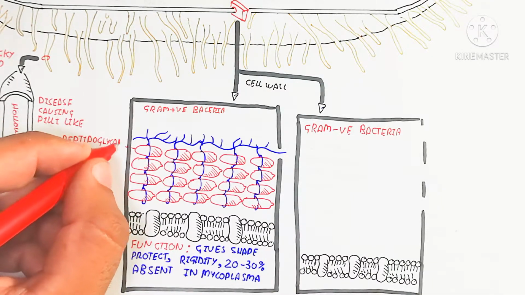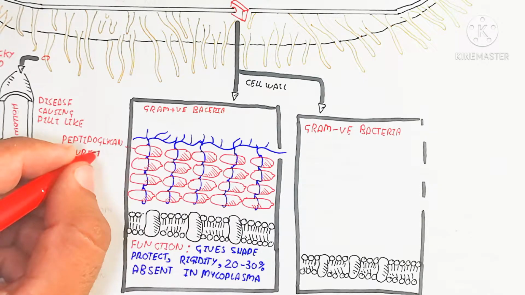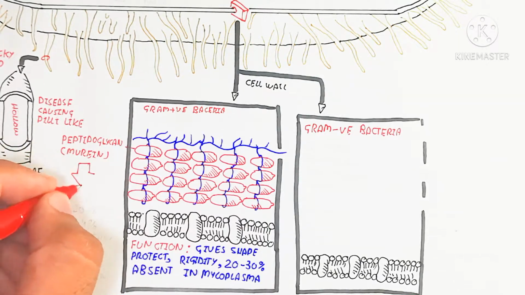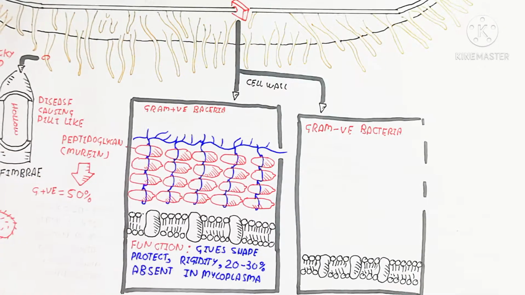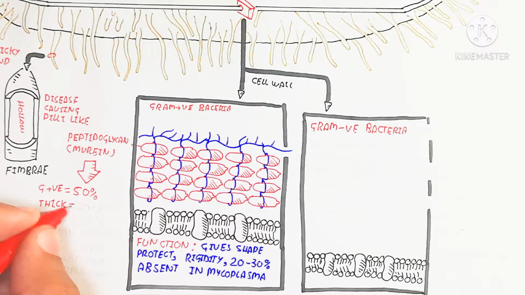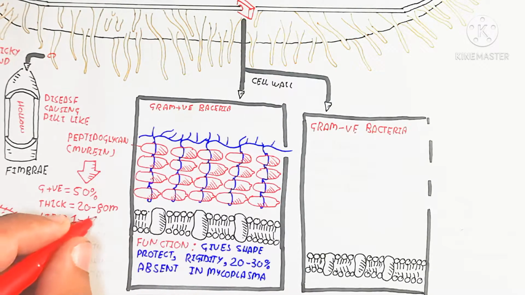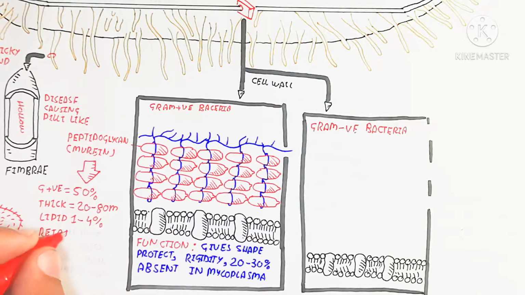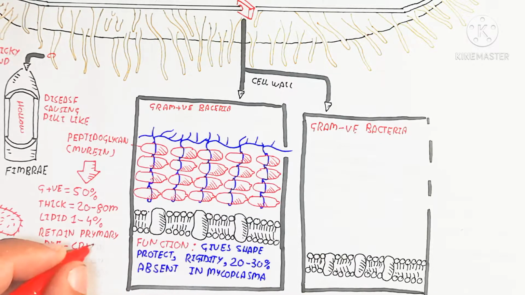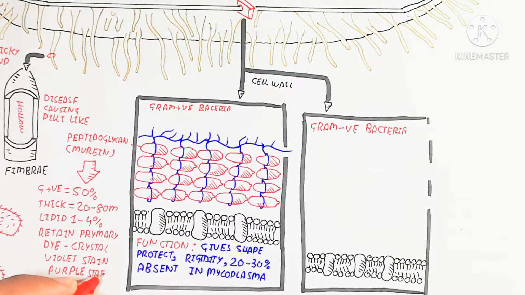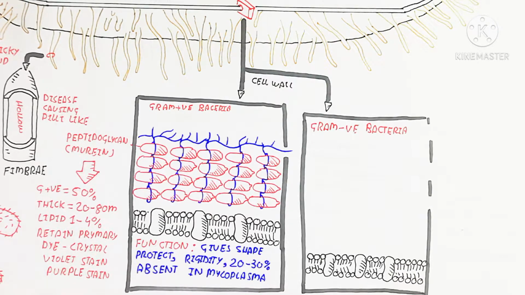The blue color shows the teichoic acid and lipoteichoic acid which interconnect, while the peptidoglycan is made up of peptide bonds with glucose. The gram-positive bacteria have 50% peptidoglycan, and it is thick, 20 to 80 micron, and lipid is 1 to 4%.